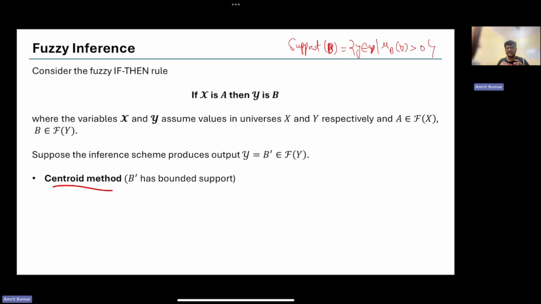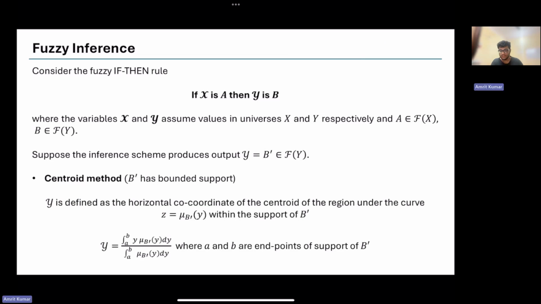So this is the interesting part of the universe Y, because here you have members with non-zero membership in B. The centroid method is applicable when your consequent fuzzy set B dash has bounded support.